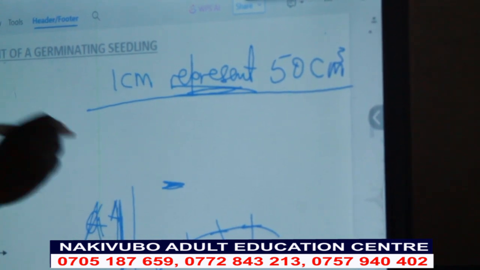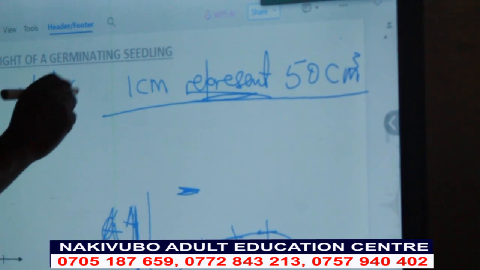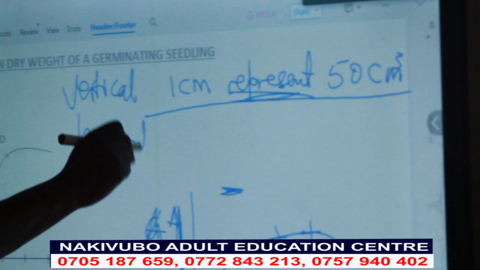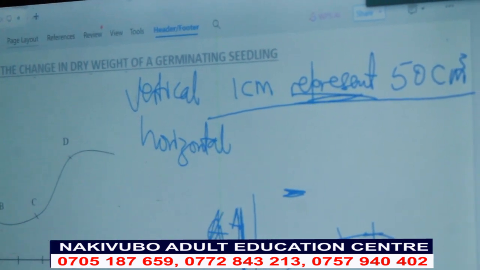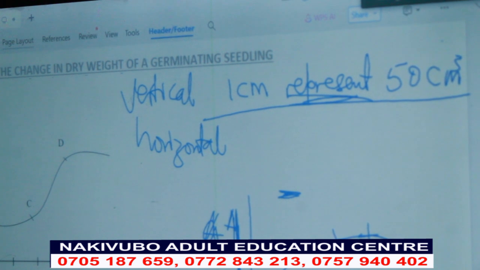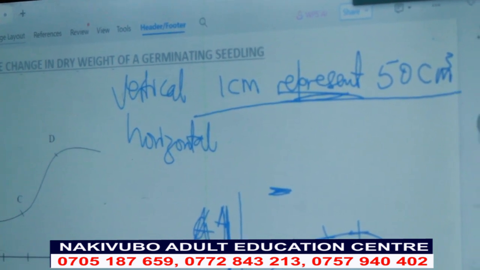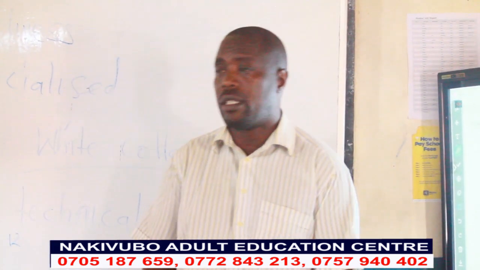And you must say that it is either vertical or horizontal: vertical scale, horizontal scale. You state it. When you do that, 7 marks. That can be done even if you have never covered that topic.